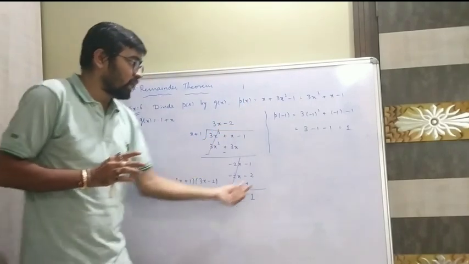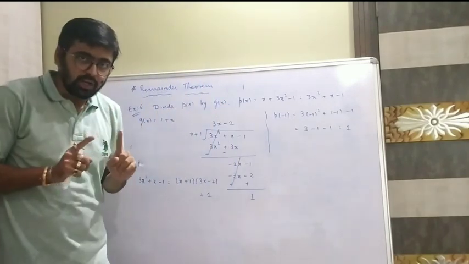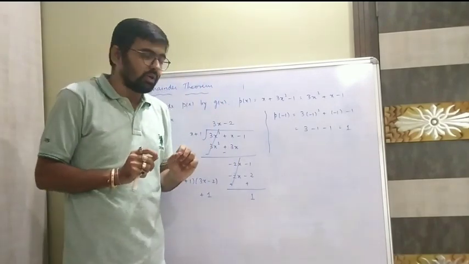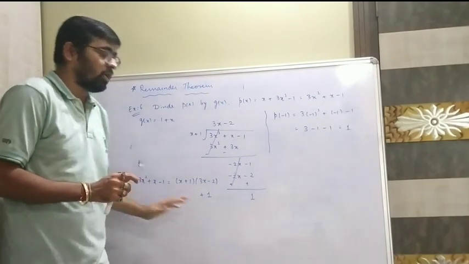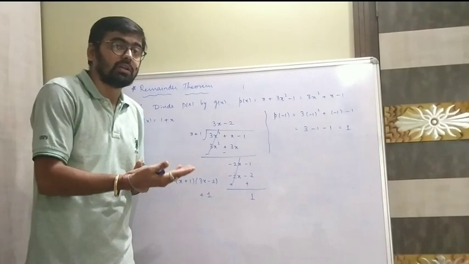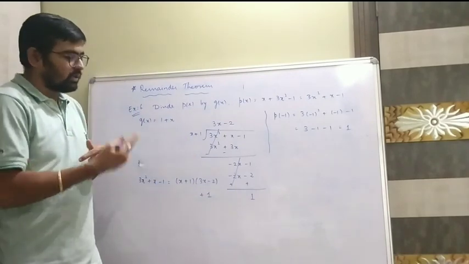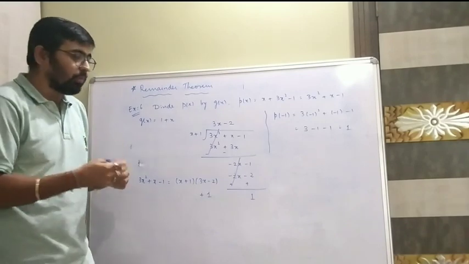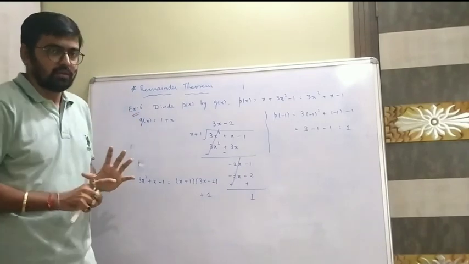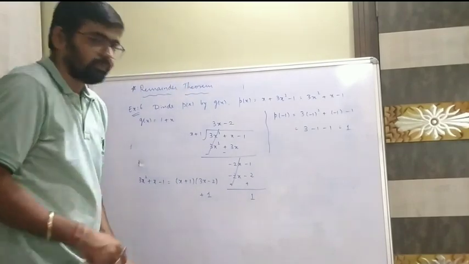See, the remainder is 1 and we are also getting 1 over here. It is very important to understand, because from this kind of problem we are going to define the remainder theorem. Pause the video and note it down so that we can solve one or two more problems before we define it. Simple. So please note this down.